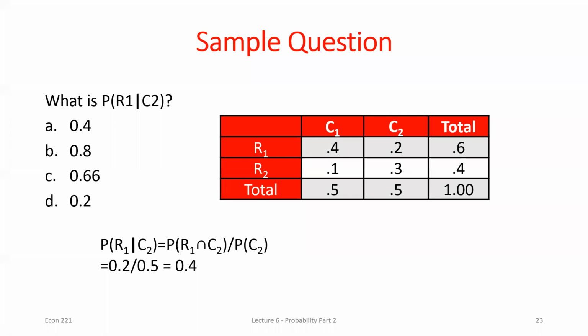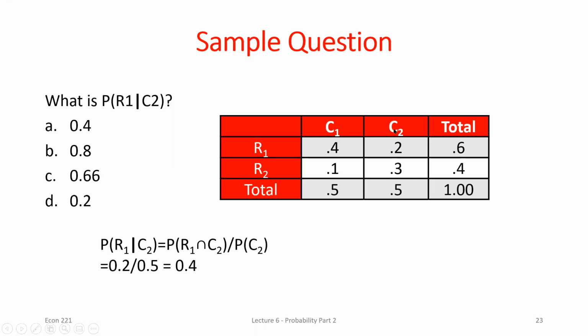So what we were thinking about there is, if I don't condition on anything and I just want to find the unconditional probability of R1, I just go over the total, right? If I imagine I have this huge experimental outcome space that has an area of 1, and of that area, 0.6 of it are outcomes that are in R1, in that event. Once I've conditioned on C2, I'm no longer looking at the entire experimental outcome area.